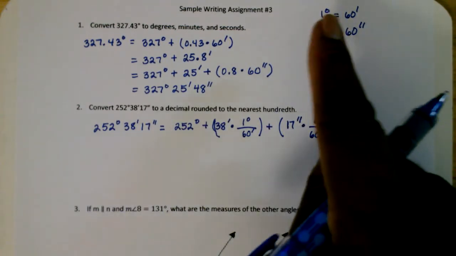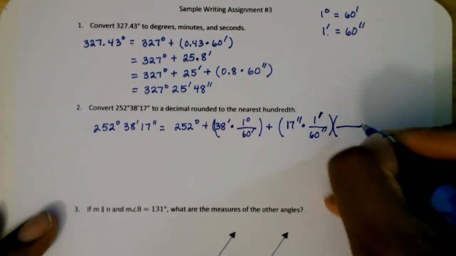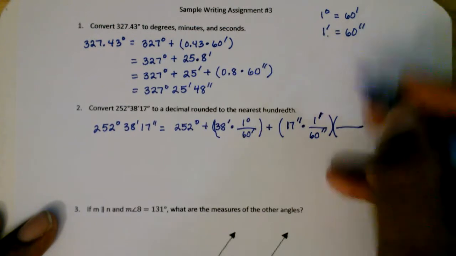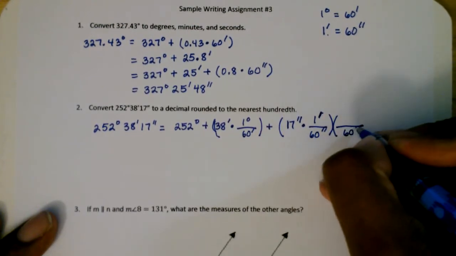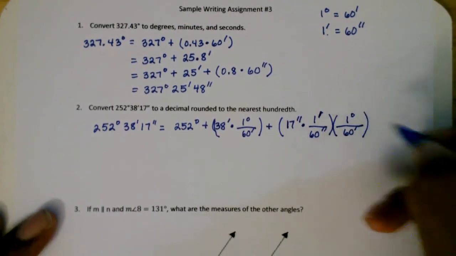And I know 1 degree is 60 minutes. So I need to convert from minutes, which means the 60 minutes has to go in the denominator, to degrees. So the 1 degree goes in the top.